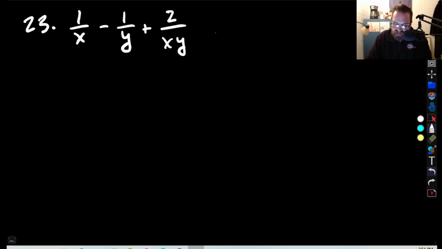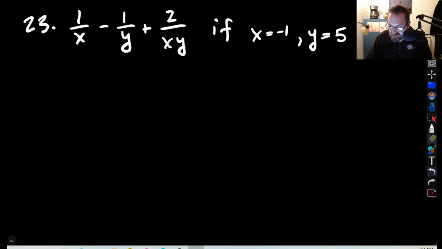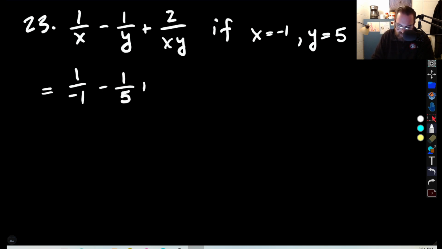Okay, and imagine we have x is equal to negative 1, y is equal to a positive 5, okay? So again, the same idea on this problem is we are substituting these values in. We're going to have 1 over minus 1, minus 1 over 5, plus 2 over negative 1 times 5.